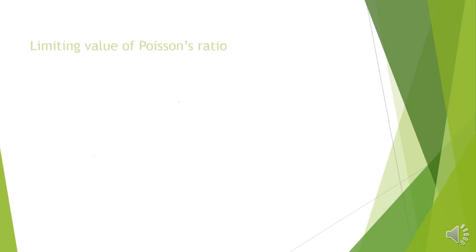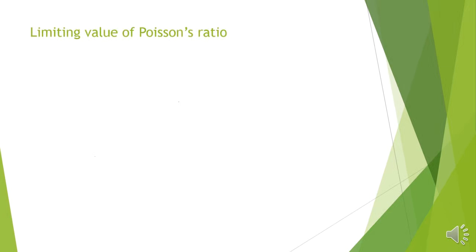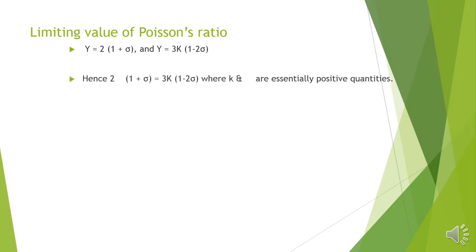Next, limiting value of Poisson's ratio. We have the relations: Young's modulus Y is equal to 2n into 1 plus sigma, and Y is also equal to 3k into 1 minus 2 sigma. We will see or derive these equations later.